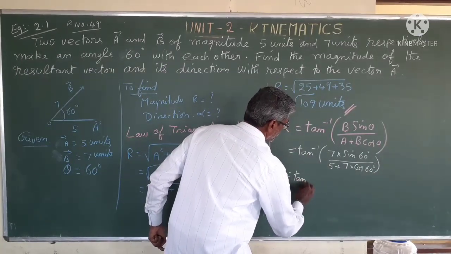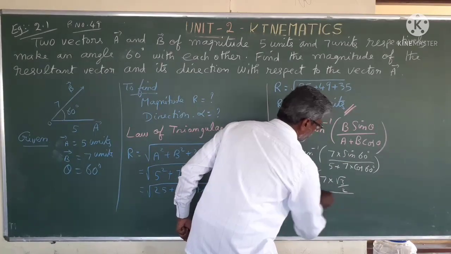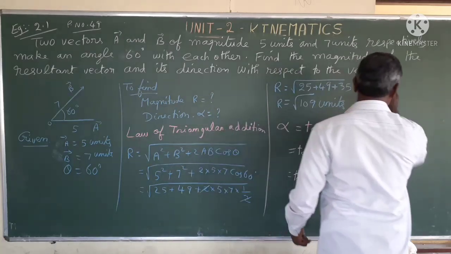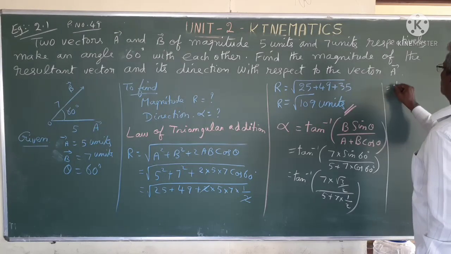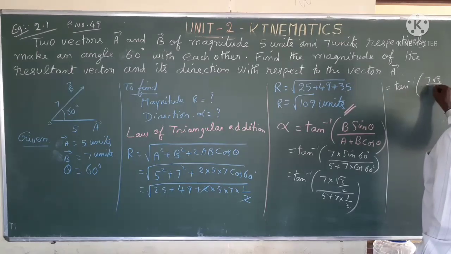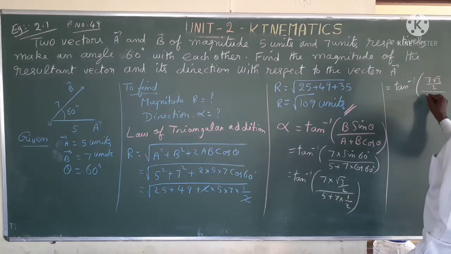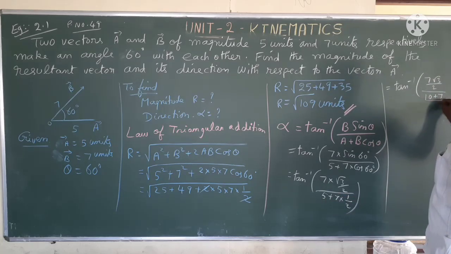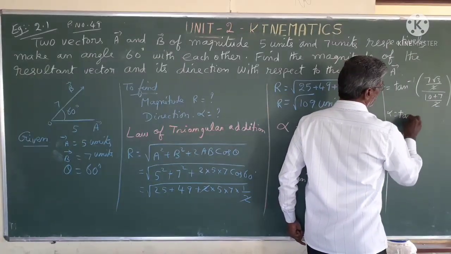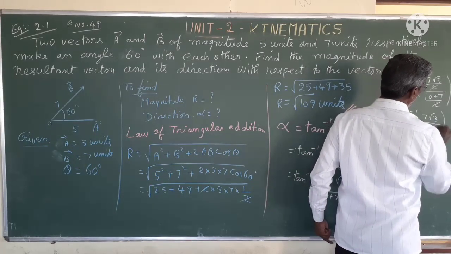So tan inverse of 7 into sin 60, root 3 by 2, by 5 plus 7 cos 60, 1 by 2. So tan inverse of 7 root 3 by 2 divided by, taking the LCM, 10 plus 7 whole divided by 2. This 2 and 2 will be cancelled. So alpha is equal to tan inverse of 7 root 3 by 17.